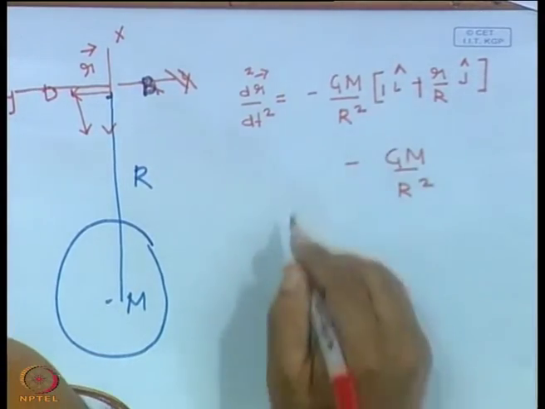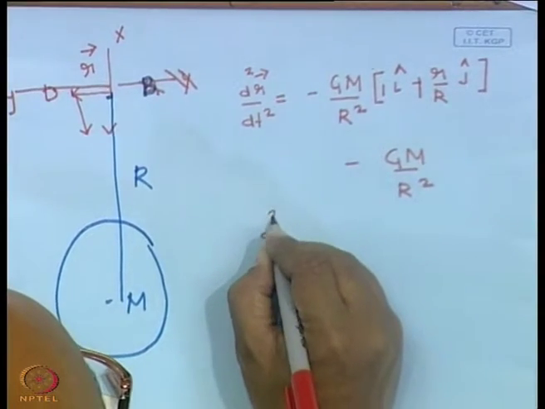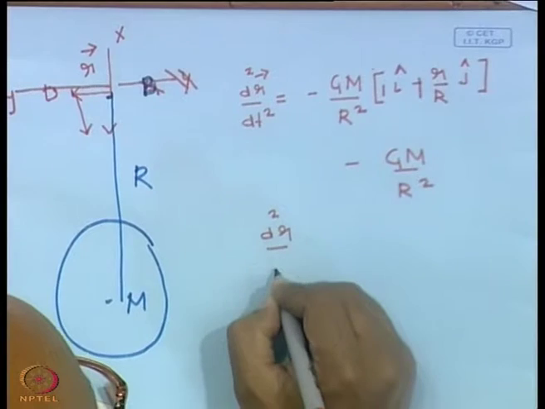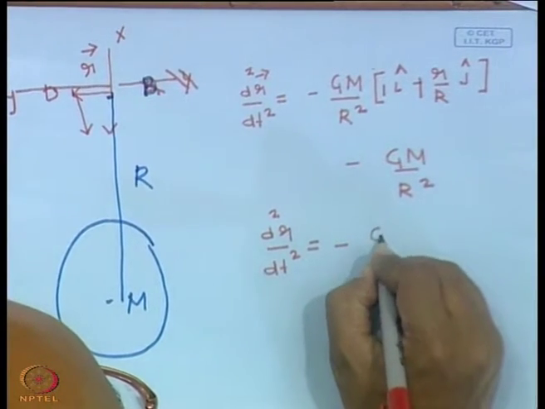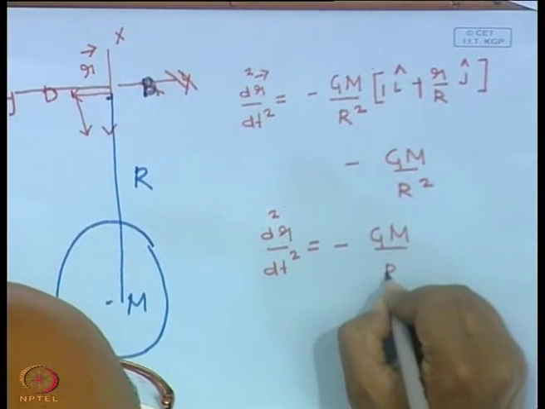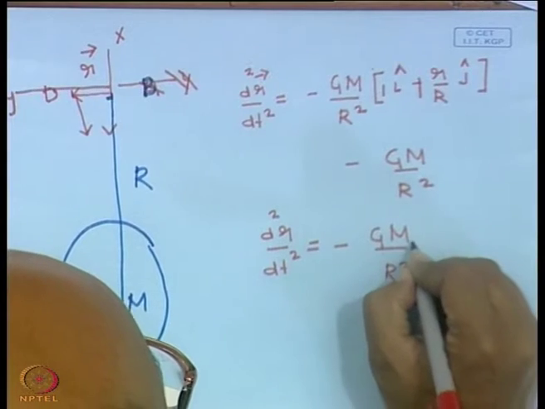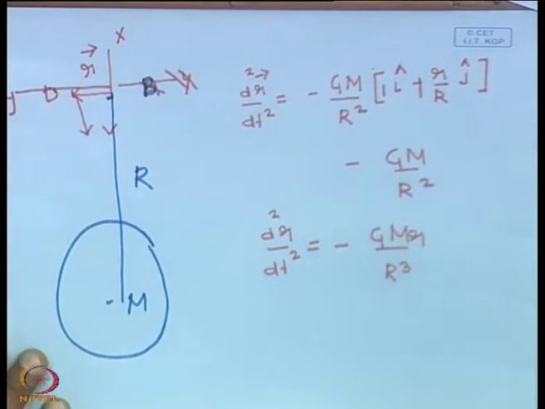Now, when you subtract out, when you add these two components, what you are left with is that d squared r by dt squared is equal to minus GM by R cubed into r, and this is only along the y direction; the x component cancels out.